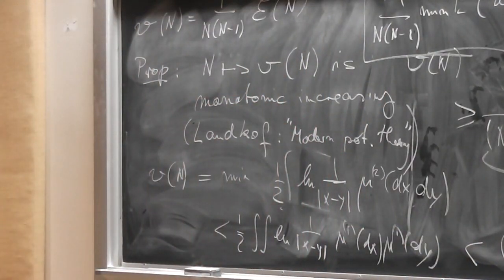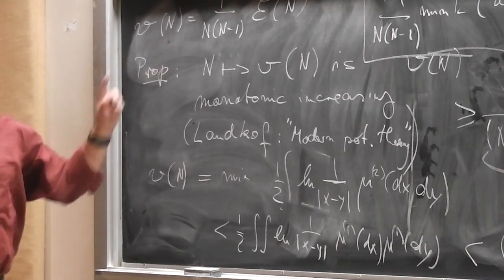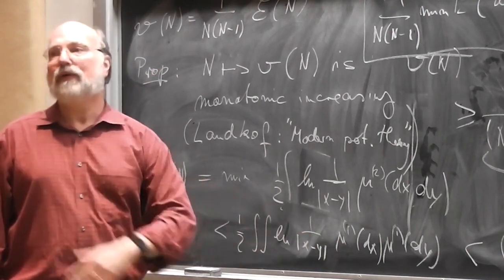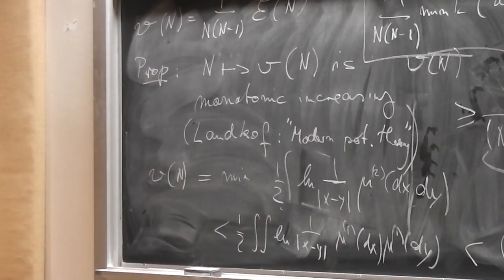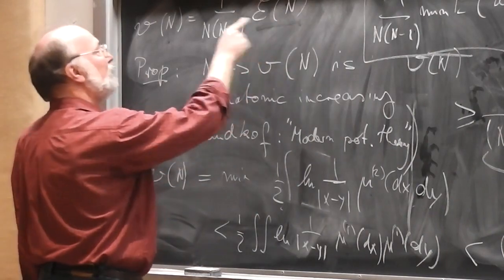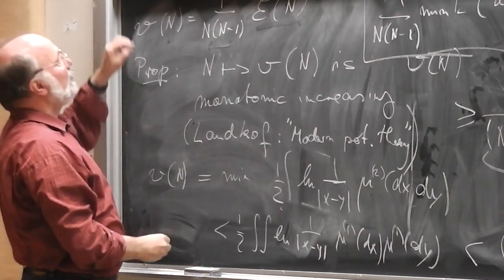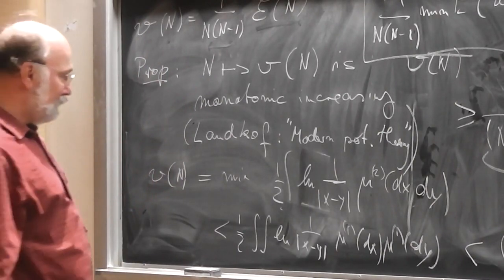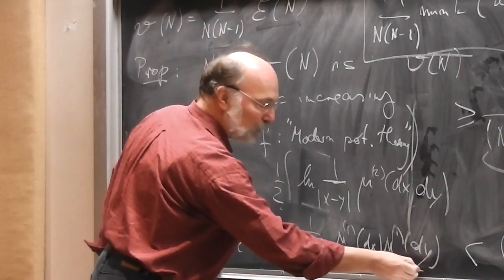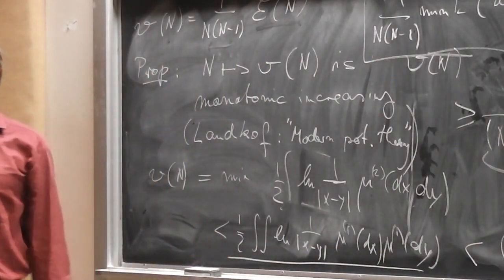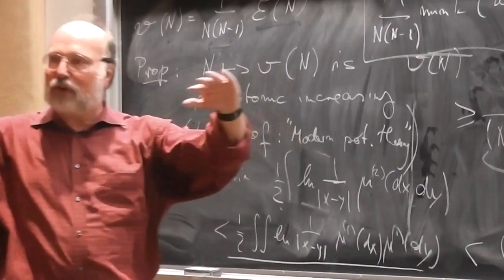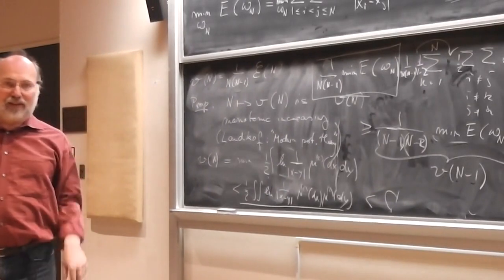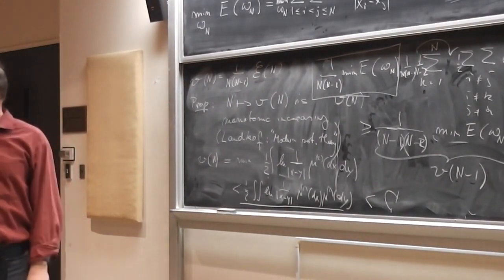So you have a monotonic increasing sequence of numbers bounded above, so it has to converge. And since you divided E over n squared, that is exactly the n squared term that you get. In fact, with a little more effort, you can show that this number, when mu is a uniform measure, is exactly the A in the expansion that I wrote down.